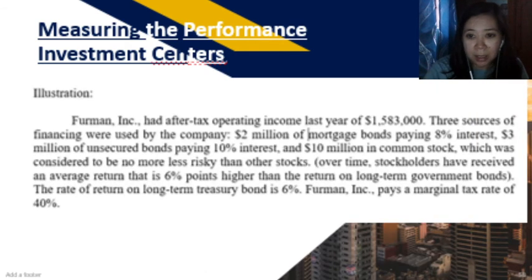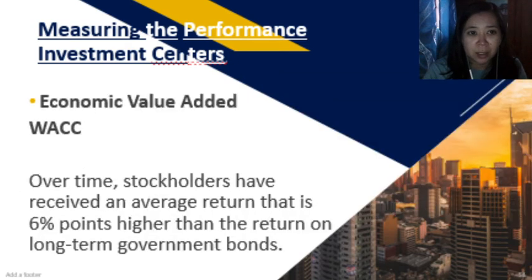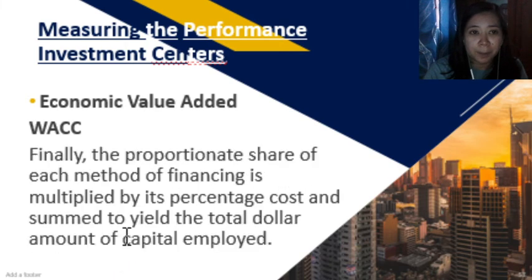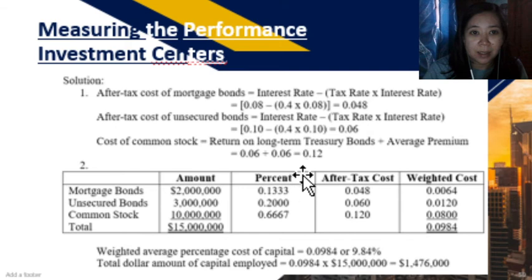Because in this case, for the rate of return, we will add the long-term treasury bond rate to the average return for the equity, just like what we mentioned earlier. So therefore, the cost for your equity or common stock is 12%.